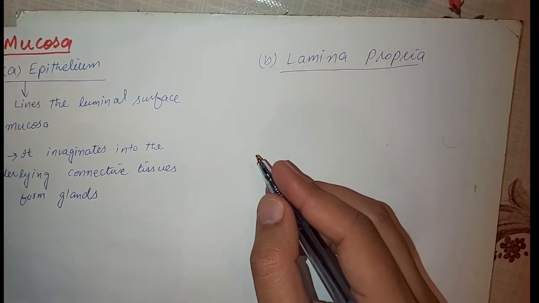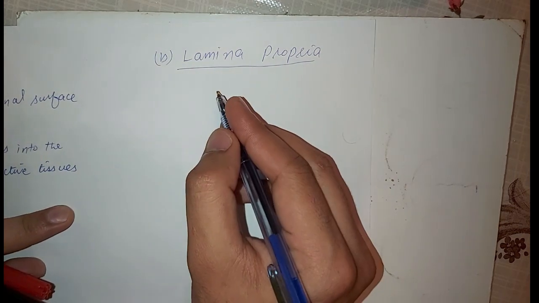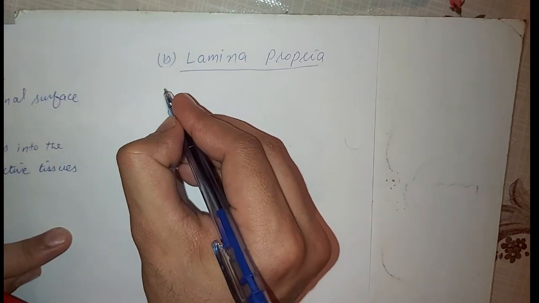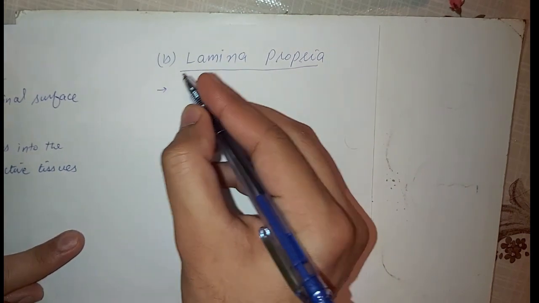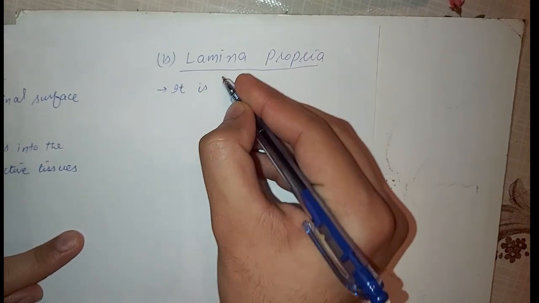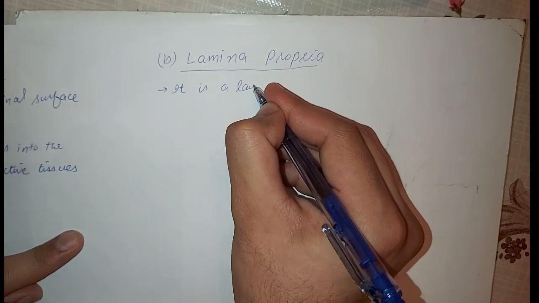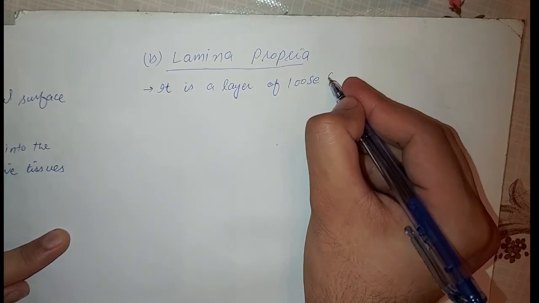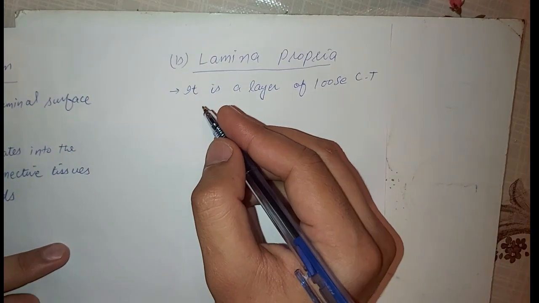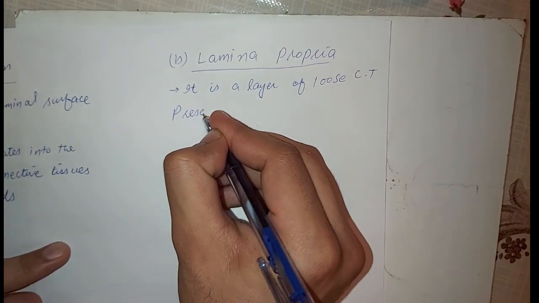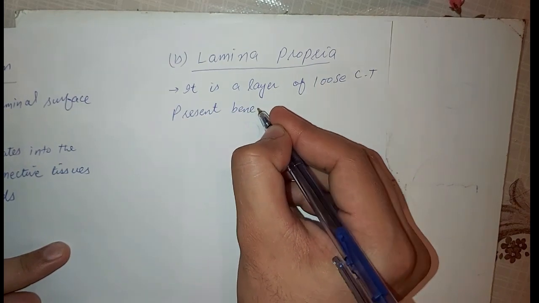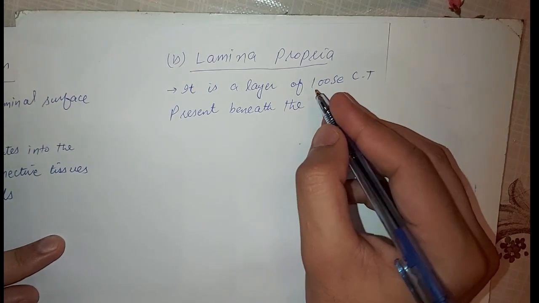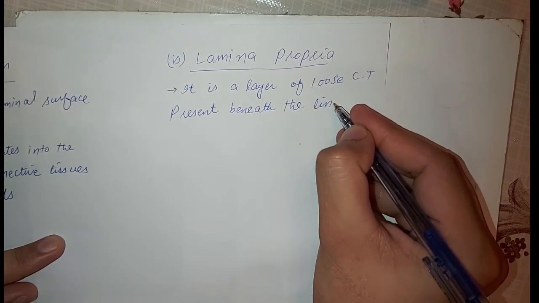Lamina propria is a layer of loose connective tissue present beneath the lining of epithelium.